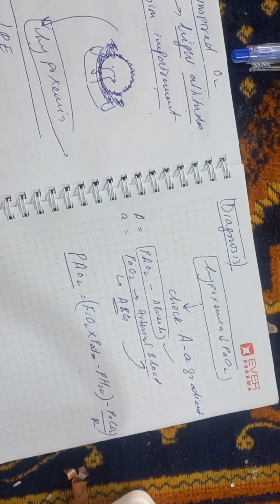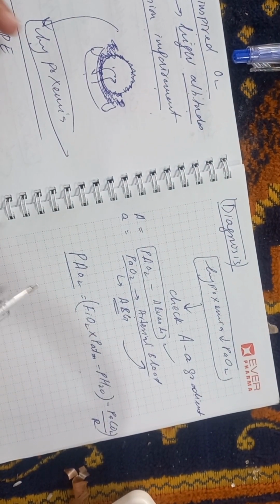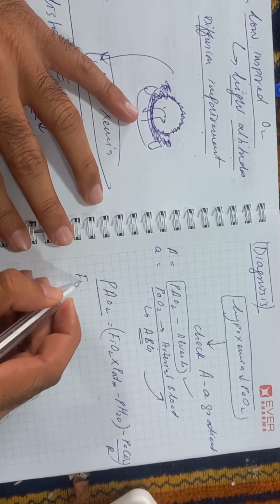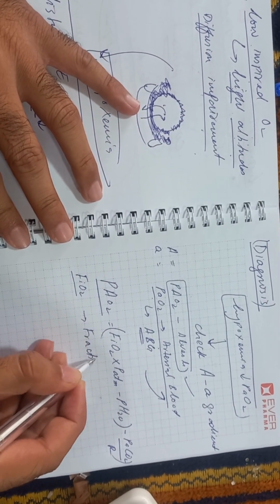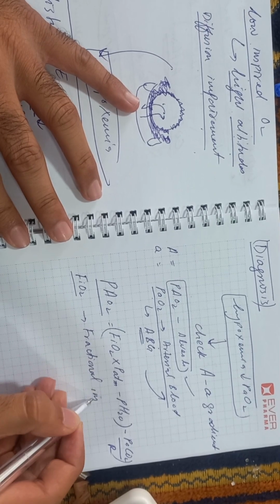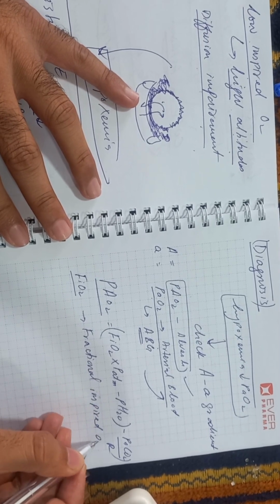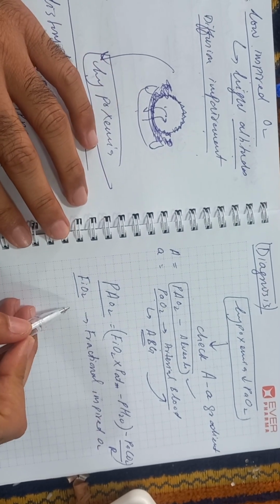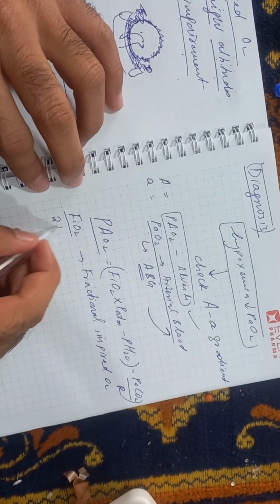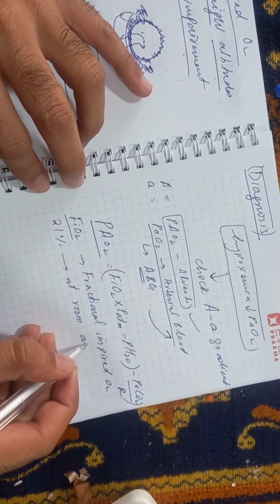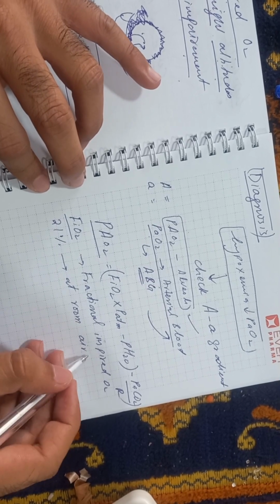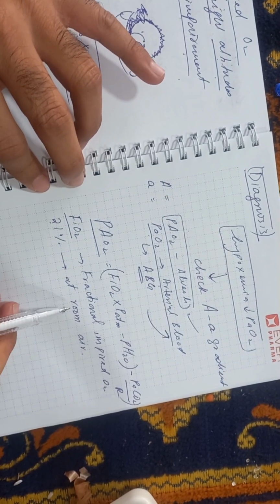Now let me tell you what this means. What does FiO2 mean? FiO2 is fractional inspired oxygen, and its normal value is 21% at room air. At normal altitude, at normal air, at room air, its value is 21%.